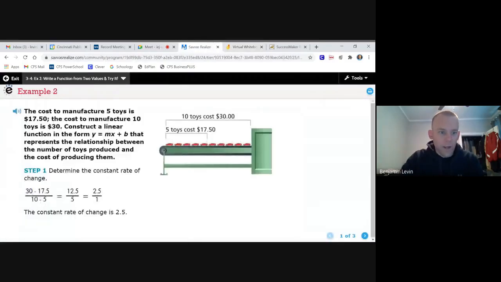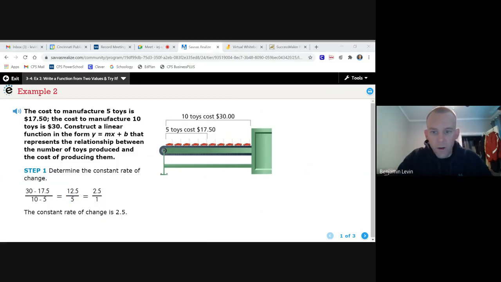So, y2 minus y1. The change in the cost was 30 minus 17.50, which is 12.50. The change in the number of toys they made was 10 minus 5. Right? 10 toys and 5 toys. So the constant rate is 12.5 over 5. They reduced that to 2.5 over 1.